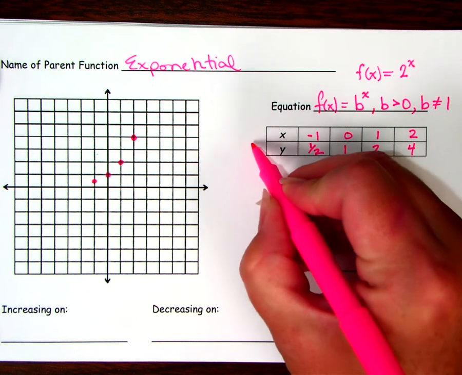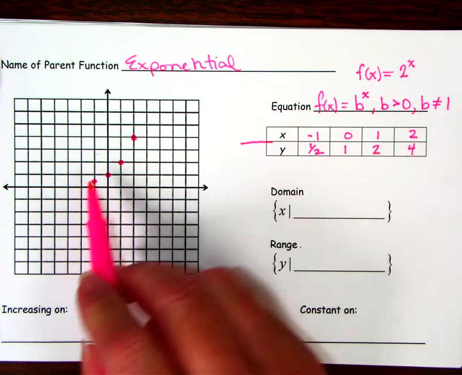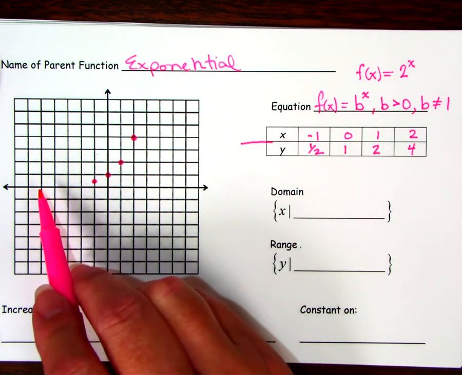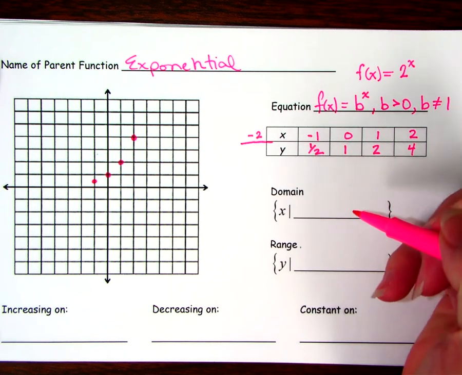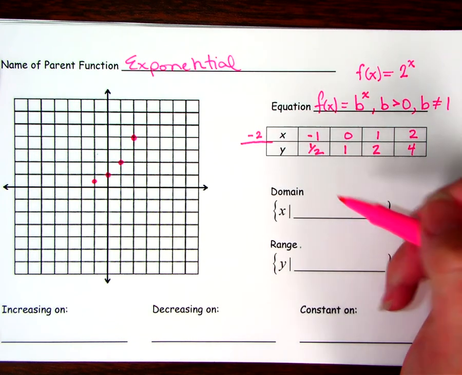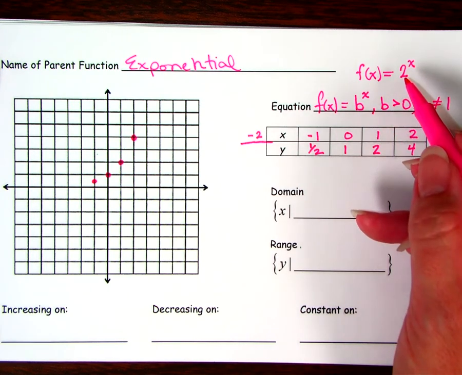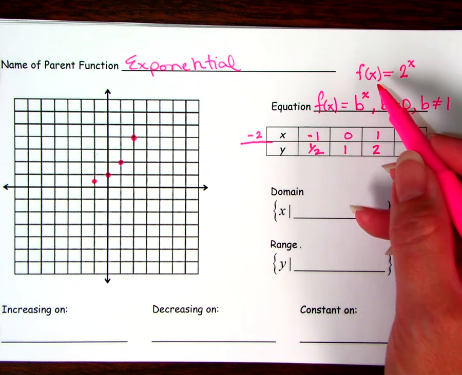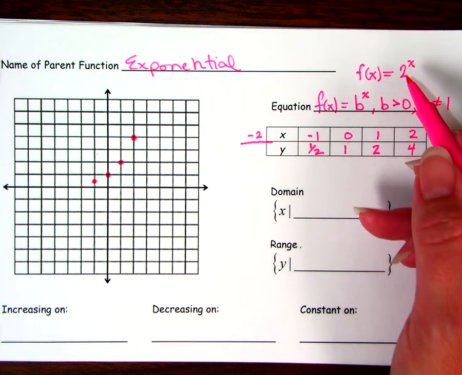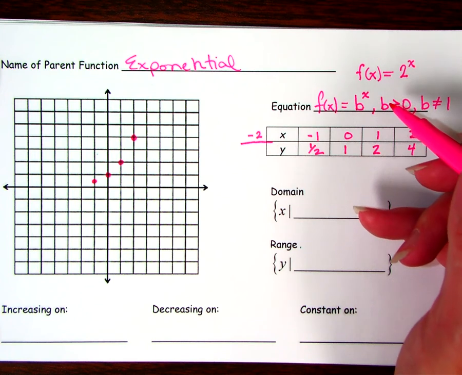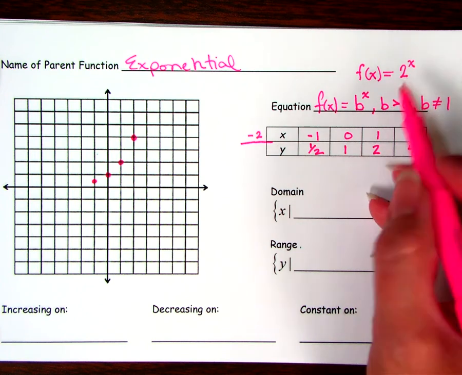So I'm going to select another x value. I want to know what's happening over on this side right now, so I'm going to pick -2. If I put -2 in place of the x in the equation, the y is equal to 2 to the power -2. As I mentioned before, a negative power means you just take the reciprocal of whatever the base is.